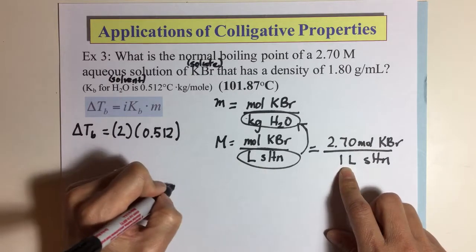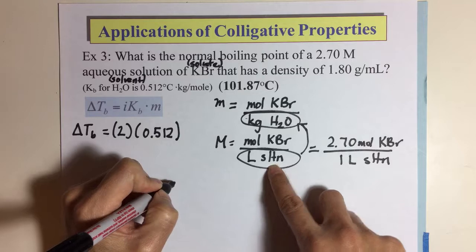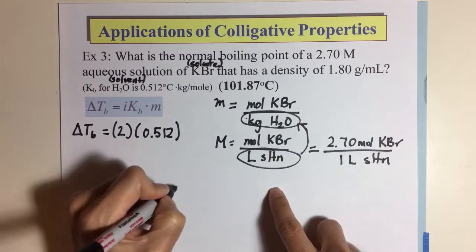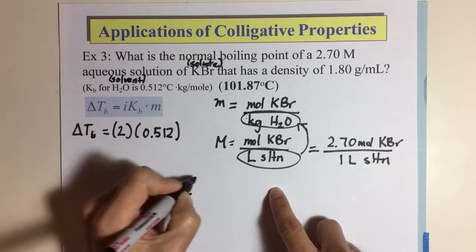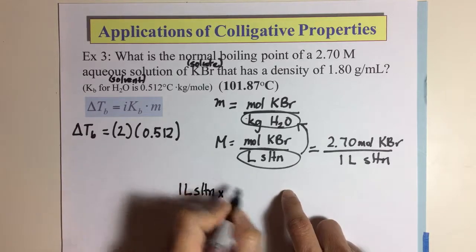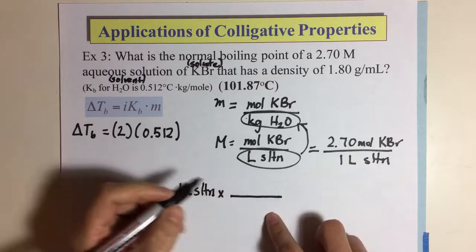So the first thing I want to do is use density. I'm going to take my 1 liter of solution to get to kilograms of water somehow. And so I'm going to first do the 1 liter of my solution. I'm going to convert it to grams. That's what I'm trying to do, of my solution.